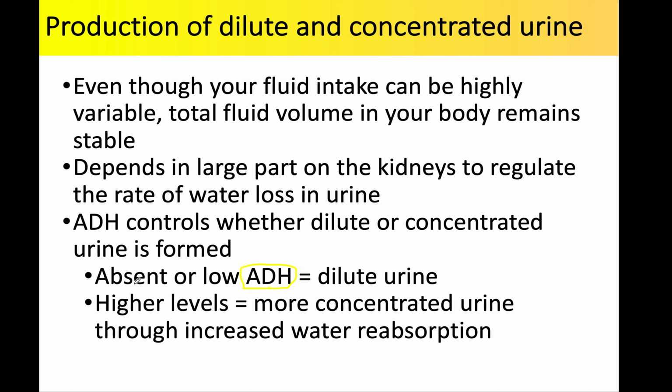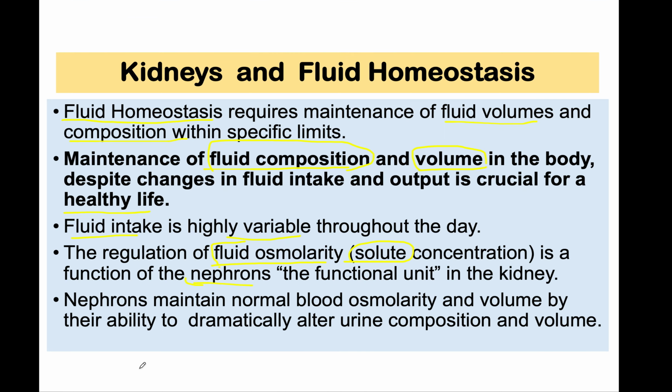But if antidiuretic hormone is absent, then the urine will be diluted. So this is the main concept that you have to keep in mind: the antidiuretic hormone and its functions.